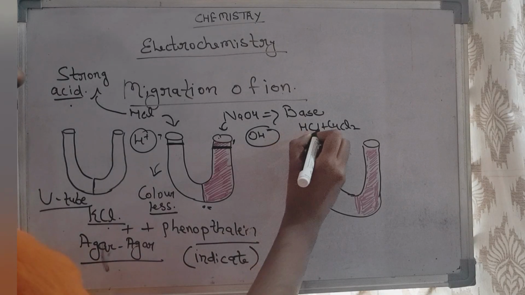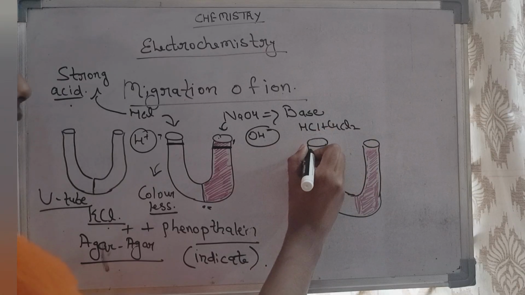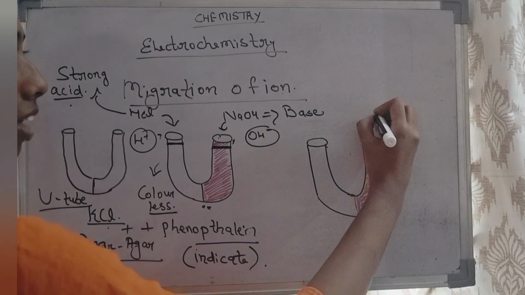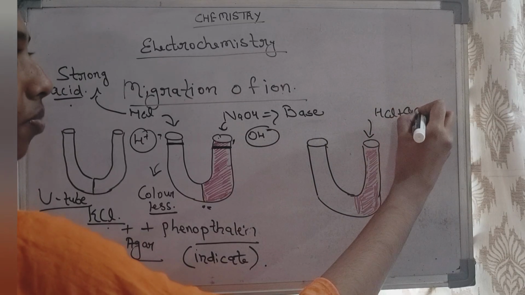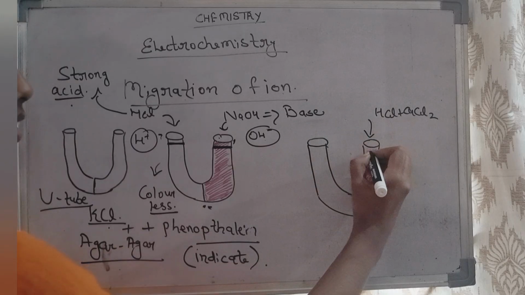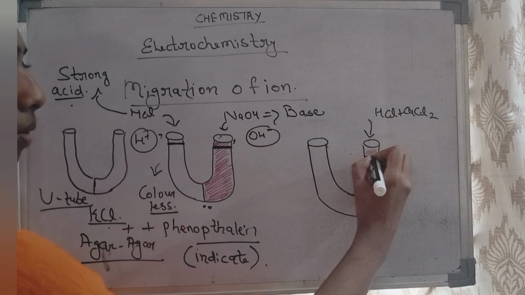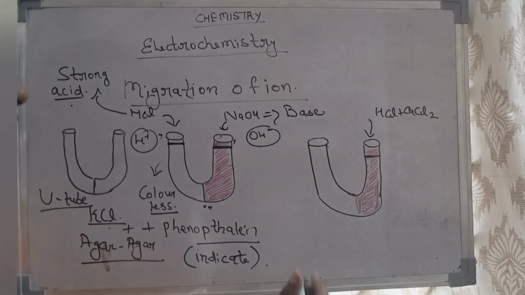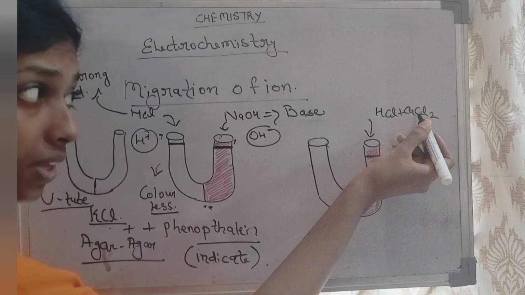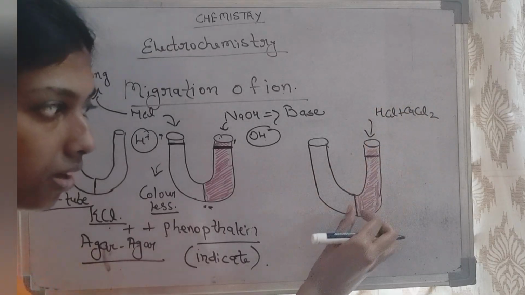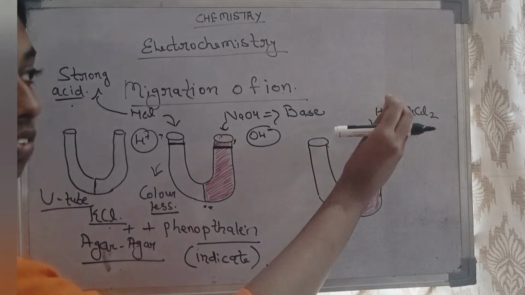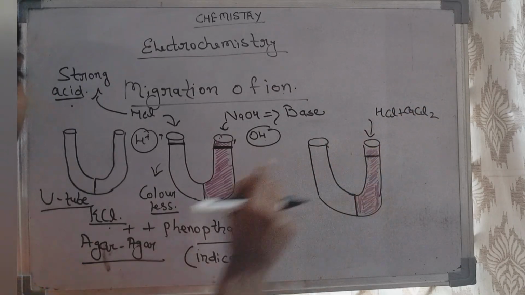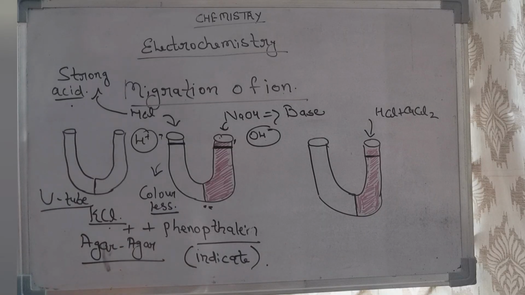Now, when you pour HCl plus CuCl2, you will see that when this particular side comes in contact with CuCl2, because we have poured CuCl2 plus HCl, the copper will deposit over this tip of the U-tube like that.